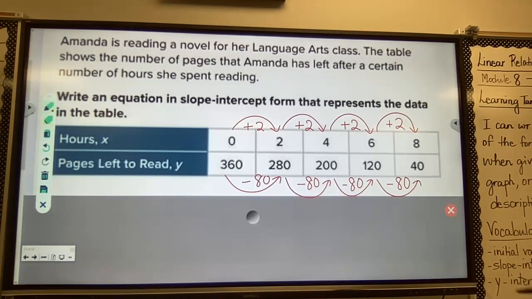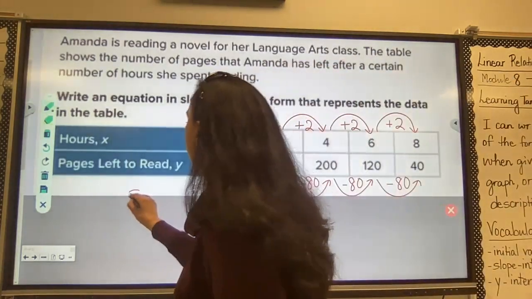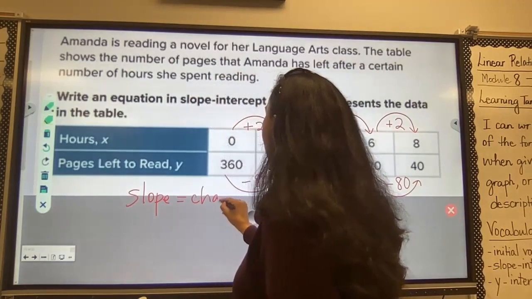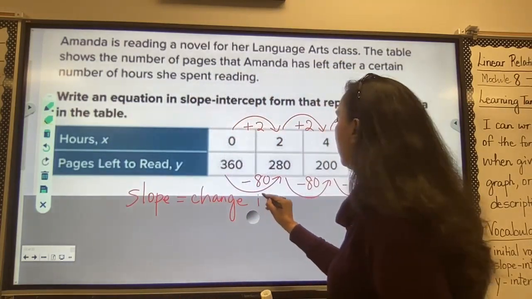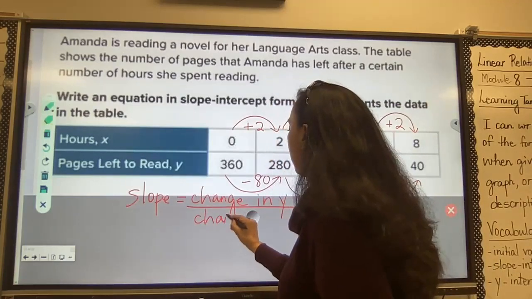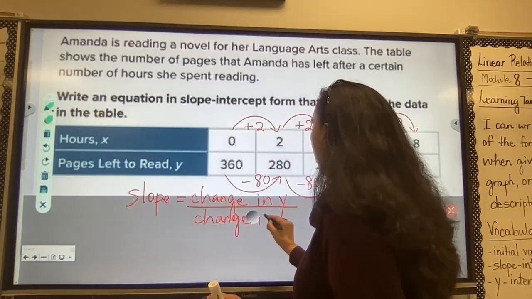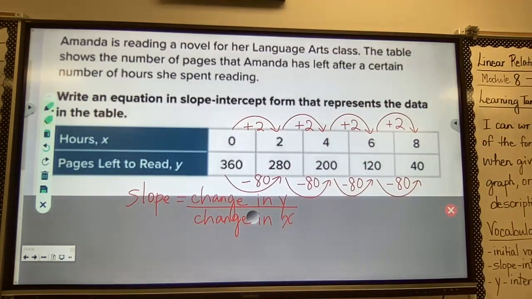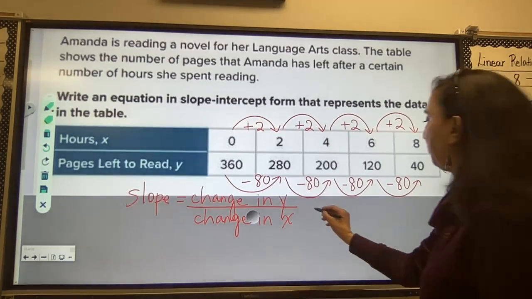So we know what slope is. Slope is change in y over change in x. What is my change in y?